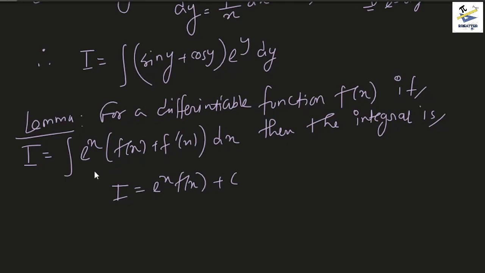So if you have an integral in this form, the answer is simply e to the power x into f of x. So the proof is necessary, so we shall do the proof here.